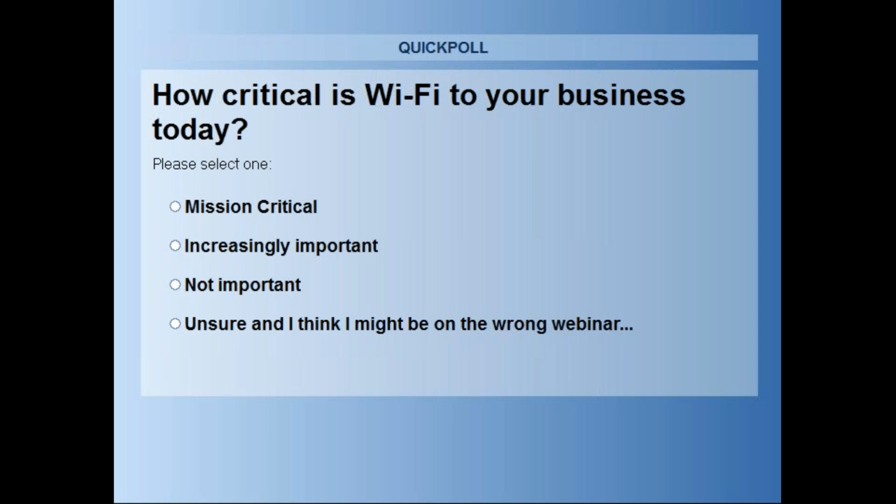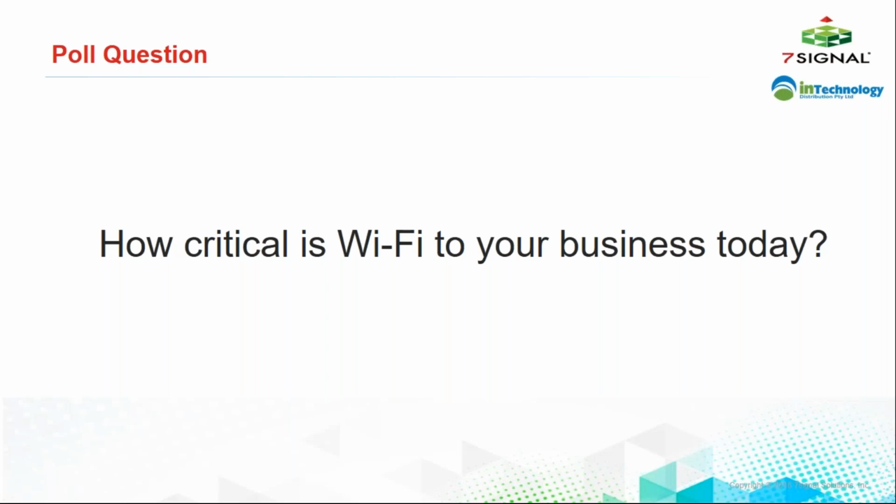Might be on the wrong webinar. So we've got about 78% of the people who have voted. We'll wait a couple more seconds, and then we'll close that poll and show the results so people on the call can also see how important Wi-Fi is to the other attendees. We'll close the poll in 3, 2, 1, and let me share the results.